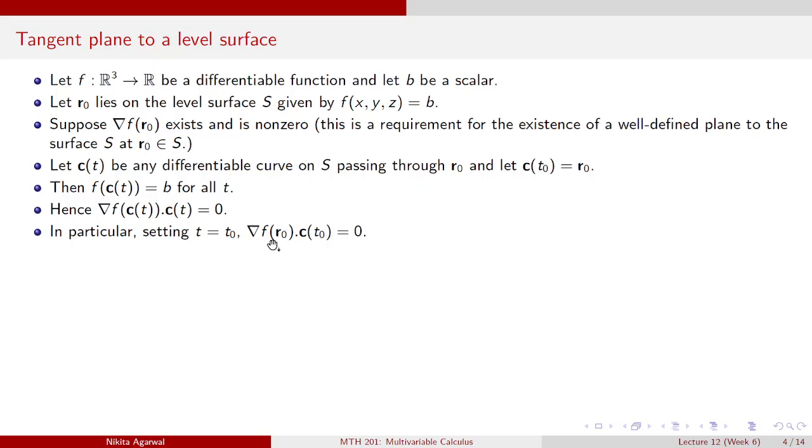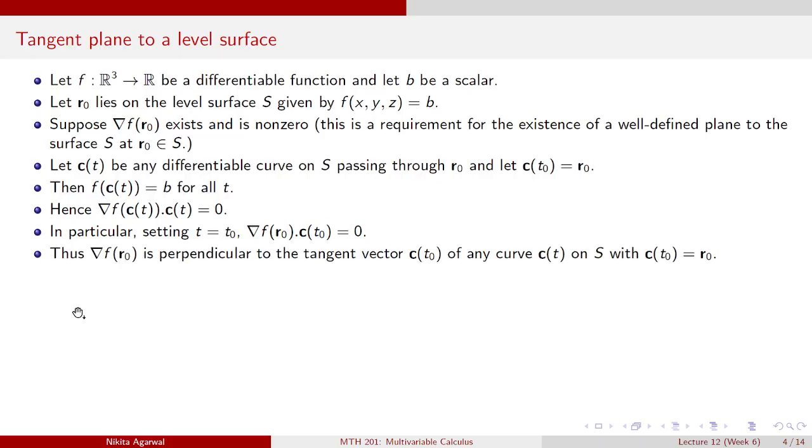It's R naught, dot with C prime t naught. So this is 0. Thus, the gradient of f at the point R naught is perpendicular to the tangent vector C prime t naught of any curve C(t) on S with C of t naught equal to R naught.